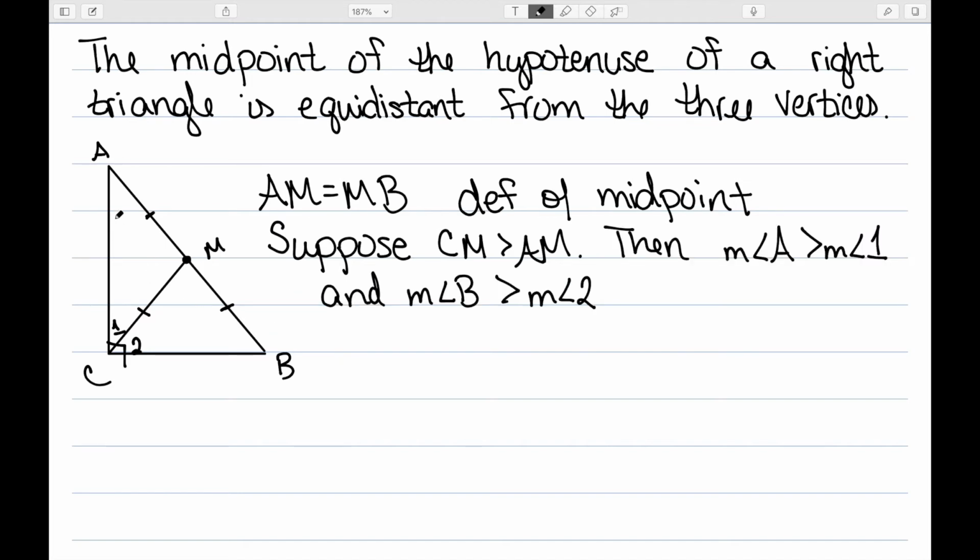Then I know the measure of angle A is greater than the measure of angle 1. Since CM is a longer side, it's going to correspond to a larger angle by our scaling inequality. Same thing in this smaller second triangle down here. The measure of angle B will be greater than the measure of angle 2 because CM is a longer side, so it needs to correspond to a bigger angle by the scaling inequality.